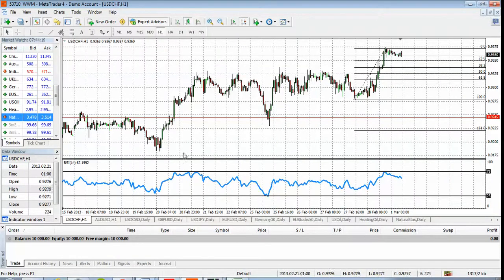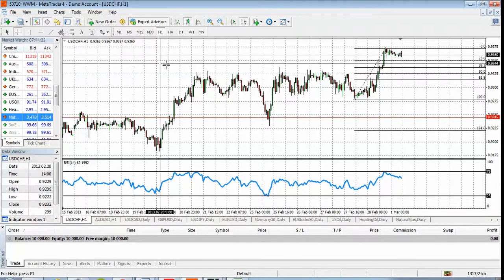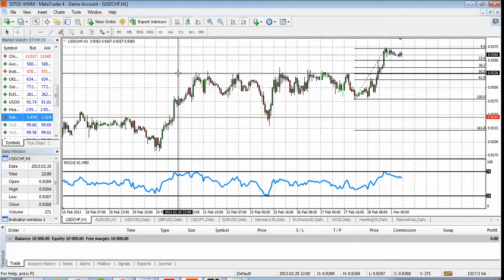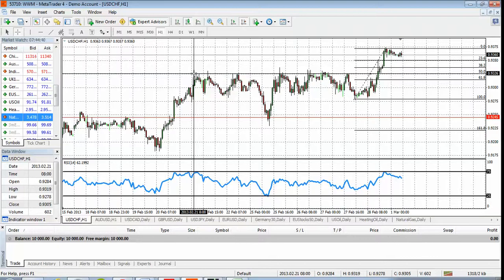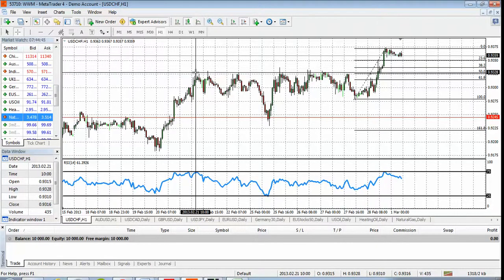So the Swiss franc, talked a little bit about it yesterday. We are still currently stuck just above the range from what we saw the past few days. So we had a break back to the upside, and what it looks like, in my opinion, is we could have a possible push back to the downside and some type of retest of this range.